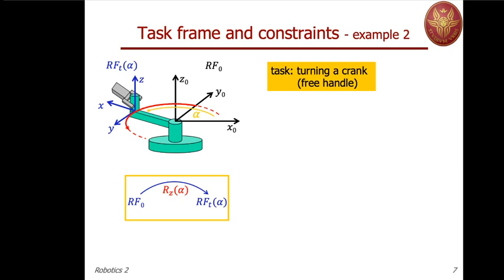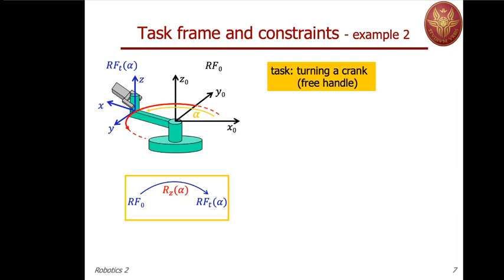So around and along this direction, we could specify something either in terms of linear angular velocity or in terms of linear forces and angular momentum. So one possible choice is this one, with the y direction along the tangent to the circle that is being traced when the crank is being turned.